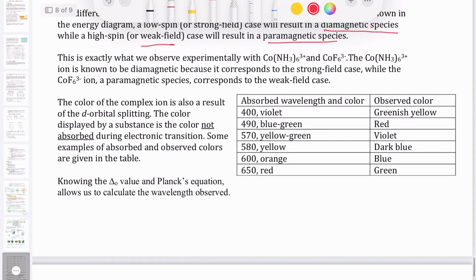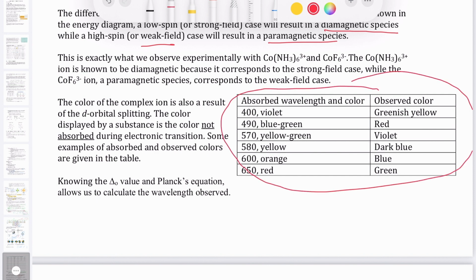The color that is observed in the complex ion really depends on what color the ion itself absorbs. The color that is absorbed is the one that we don't see, and the color that is not absorbed is the one that we end up seeing. Those colors are often called complementary colors. So here is a short list of, in the visible region, observed color versus absorbed color.